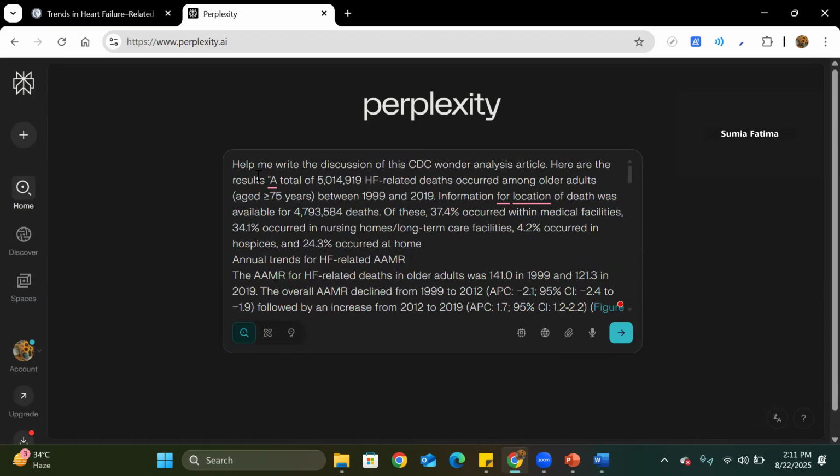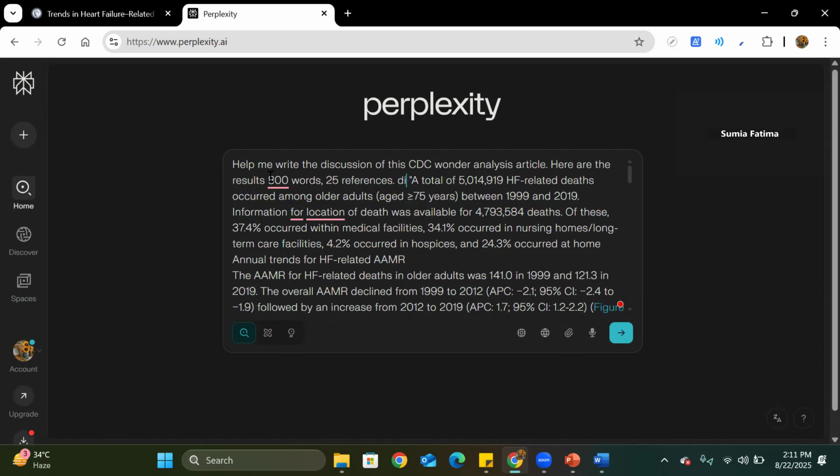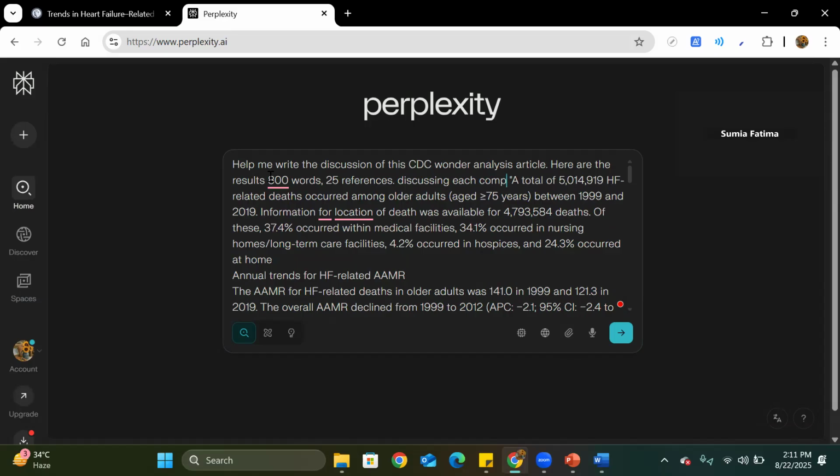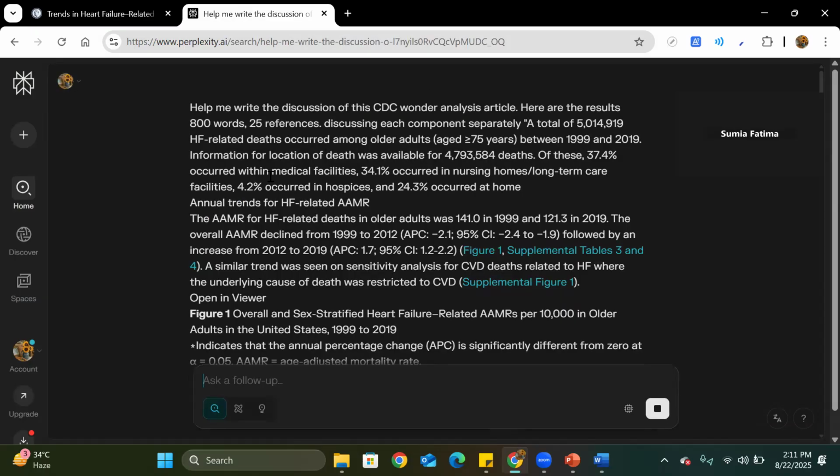I want around 800 words, 25 references, discussing each component separately. Okay, let's just press the button and see.